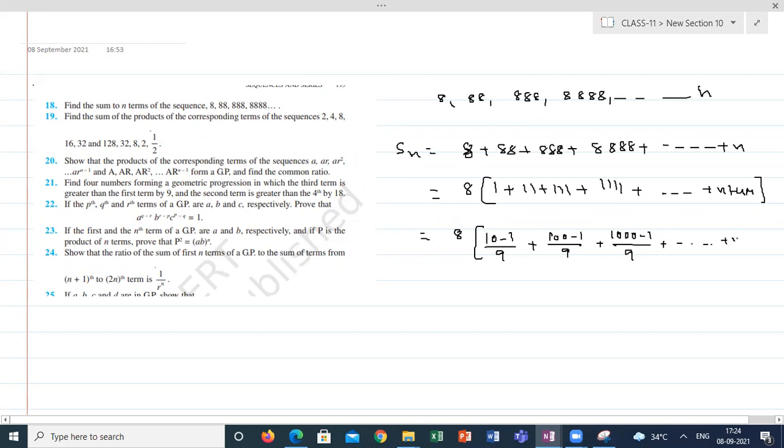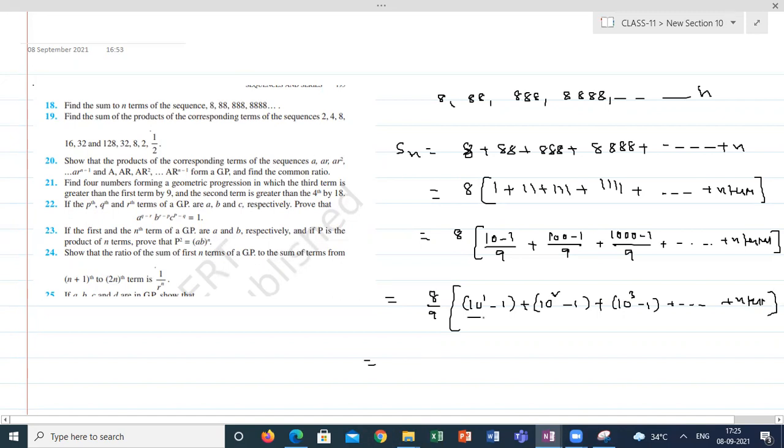So up to here. If I am taking 8 by 9 common, this will be 10 power 1 minus 1 plus 10 square minus 1 plus 10 cube minus 1 plus and so on up to n times.